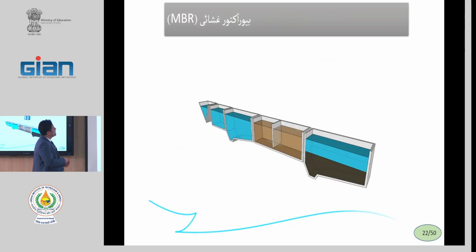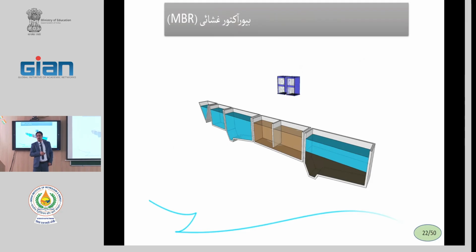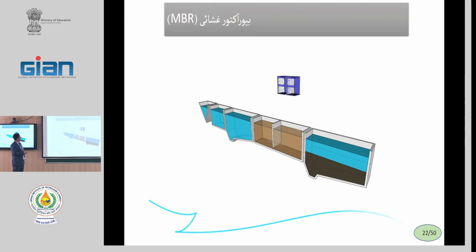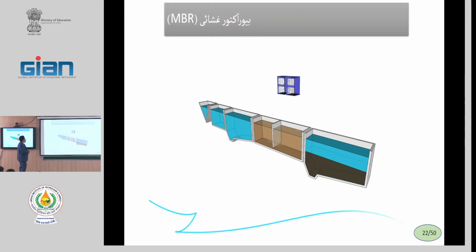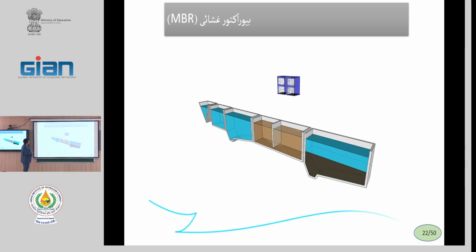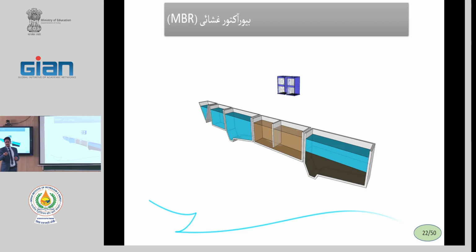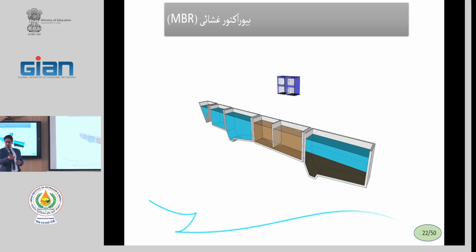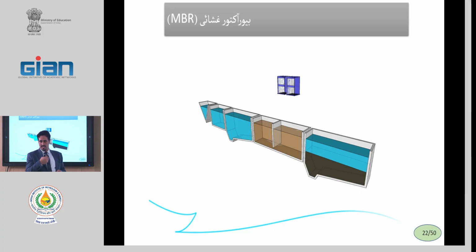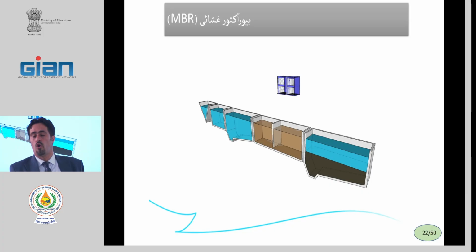Another application is the membrane bioreactor. In biological reactors, the microorganisms eat the carbon-based material as a feed and destroy the organic matter.